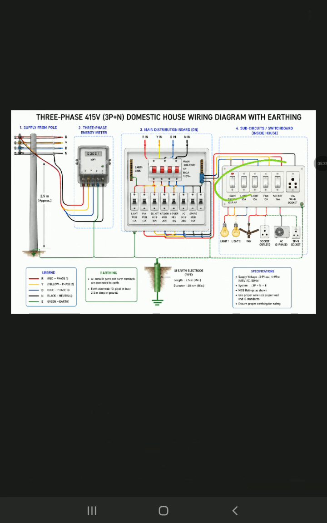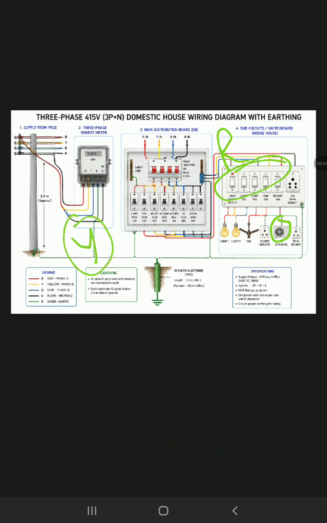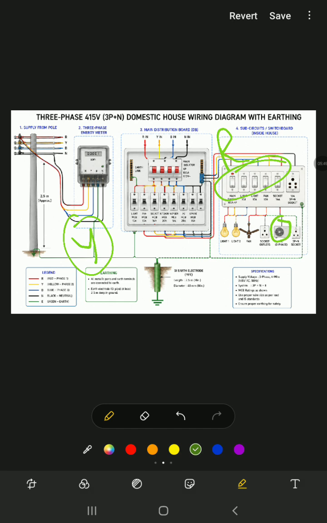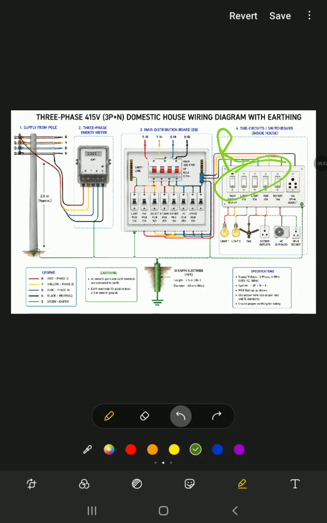For example, this switchboard contains R phase, and in the same room we find a power socket for AC that may contain Y phase, and if we see a separate point which is not used, we may find blue phase. That is based on the division of load, which we decide based on the house wiring.